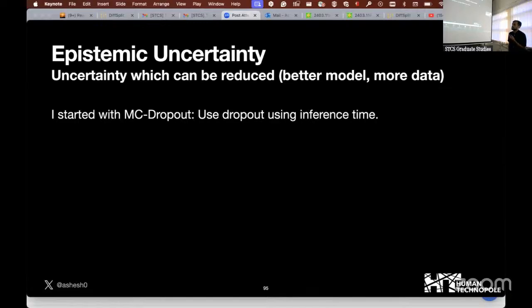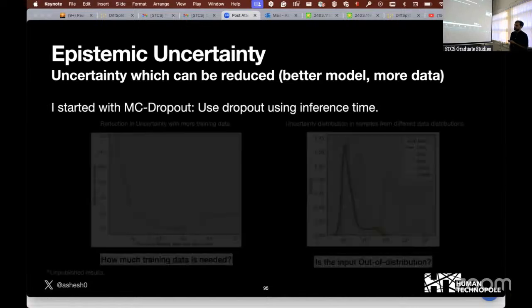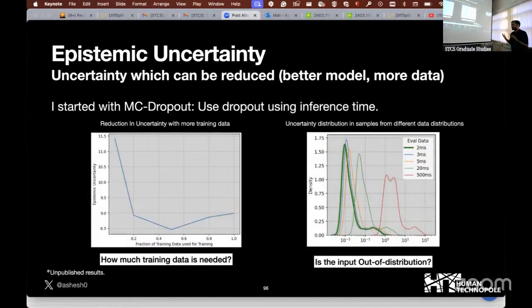This is essentially using dropout during inference time, and so essentially you are predicting from many different networks. I tried to answer the question of how much training data is needed. I will just tell you the intuition. The intuition is that if the training data is less, then the uncertainty will be more. And so if you quantify this plot, it might give you a handle on how much training data you would need for your task.